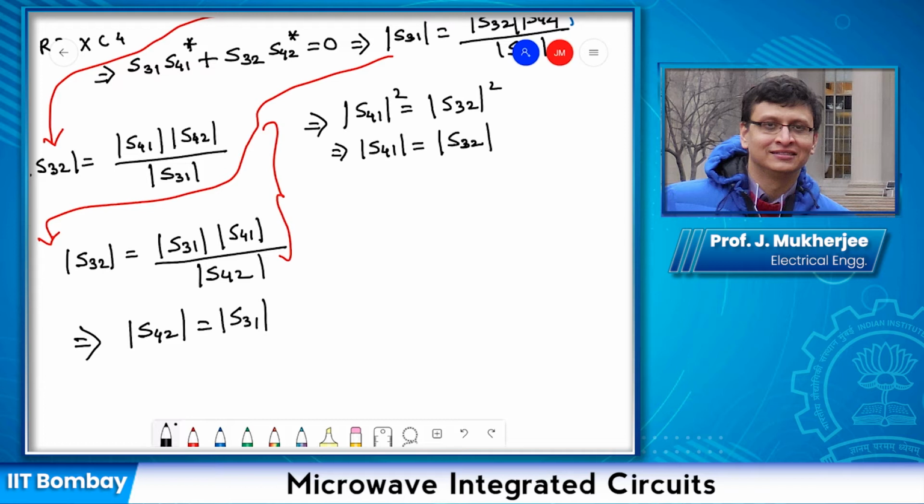Now let me call this S31 mod equal to this quantity. Let me write this as equal to At.